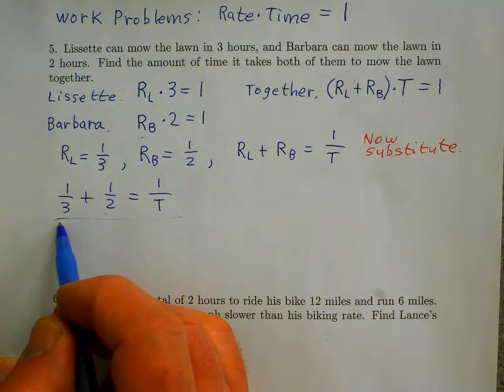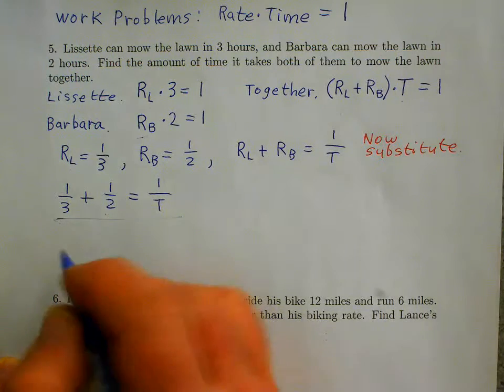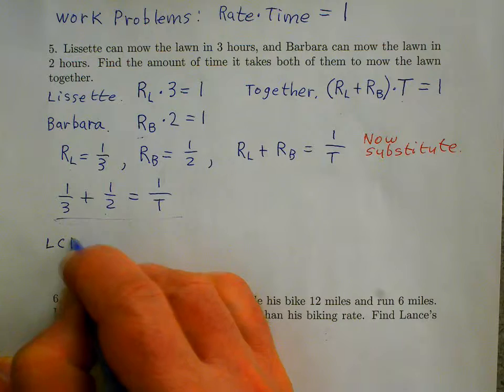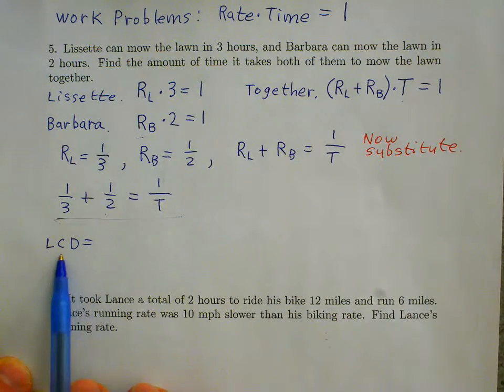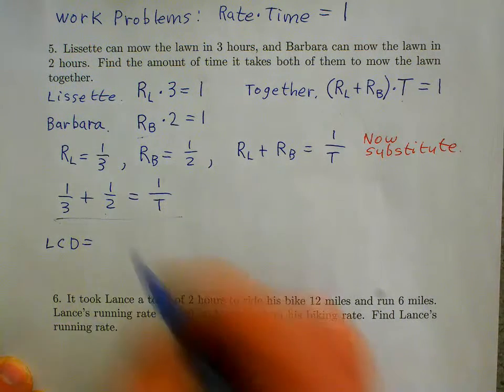We can multiply every term on both sides by the least common denominator, or the least common multiple of the denominators. So the least common denominator is 3 times 2 times T, or 6T.